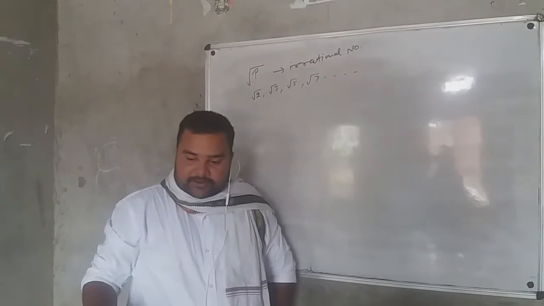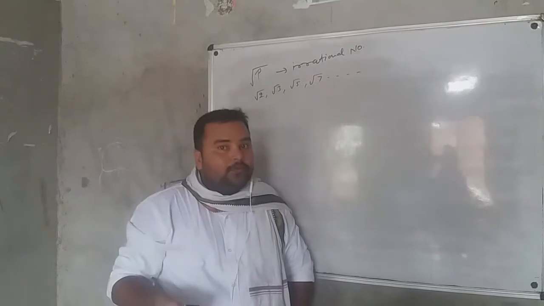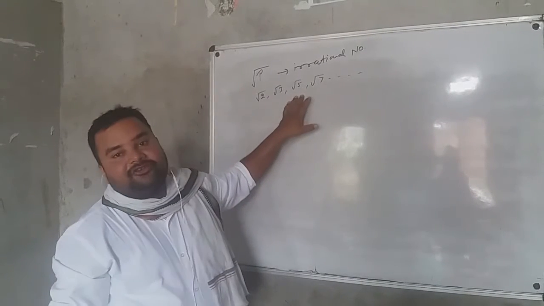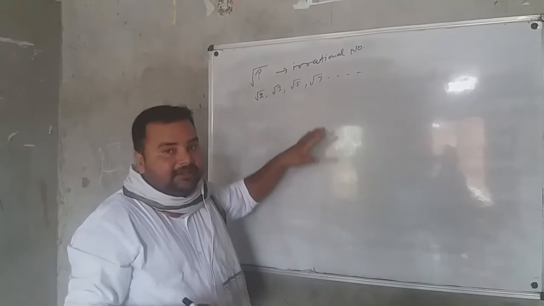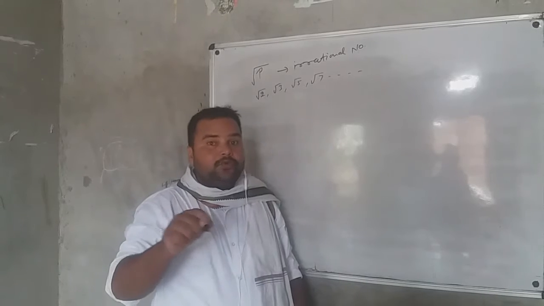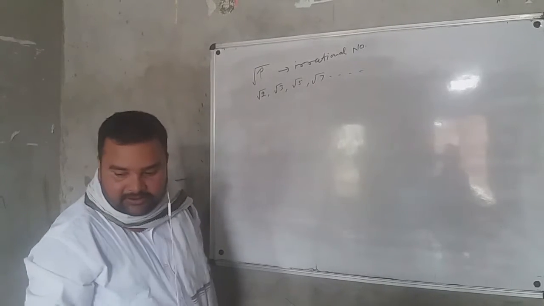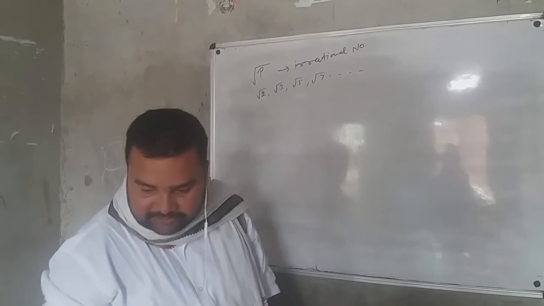Understand? So beta, we only know the fact they are irrational, but in this class we need to prove it. So the first question is prove that root 5 is irrational.